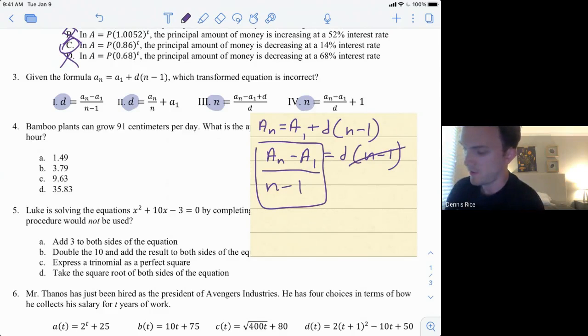Okay, so be careful. Roman numeral 1 is like the answer we have right there. Oh yeah, I forgot about this. Now, this is a good one. Roman numeral 2, you're like, all right, that's what it should look like. It's not 2. 2 is actually correct as well.